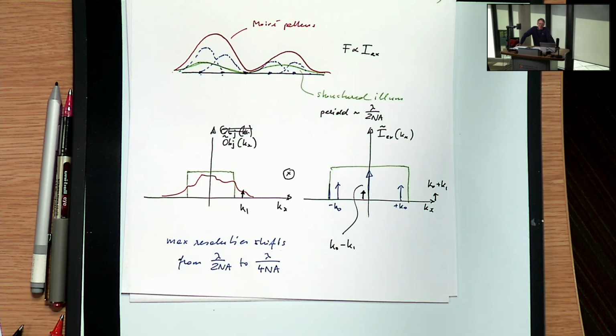Now, you may say, well, that's not very impressive. We talked about 10 nanometer, 20, 50 nanometer resolution with single molecule localization microscopy and with STED. And here we're talking perhaps 100 nanometers, maybe going down from 240 nanometers for a normal PSF to 120 nanometers. What's so impressive about that?